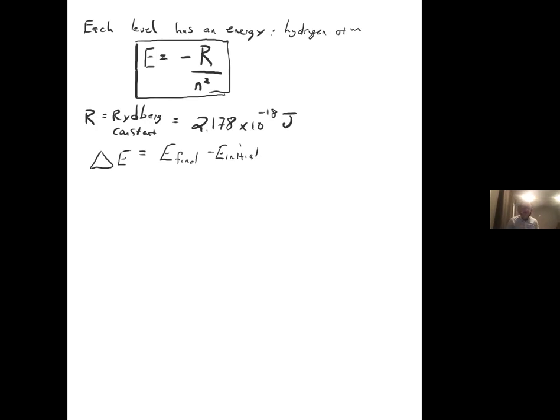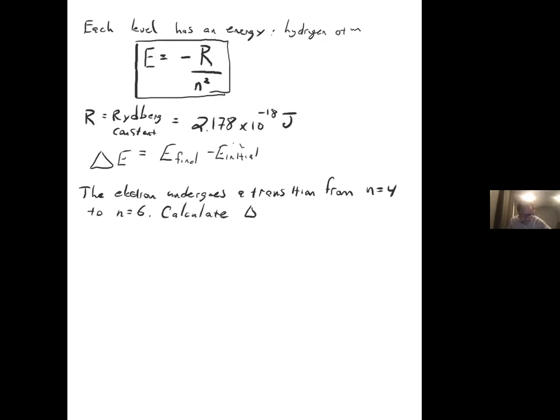So let's take a look at a problem here, okay? In a hydrogen atom, the electron undergoes a transition from n equals 4 to n equals 6. Calculate delta E for this process.